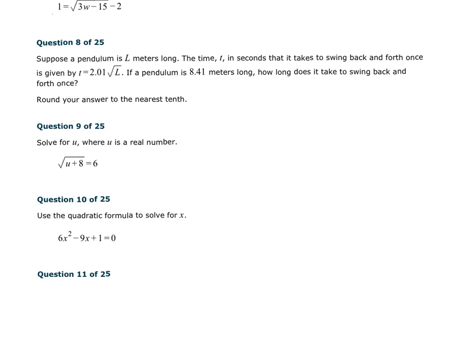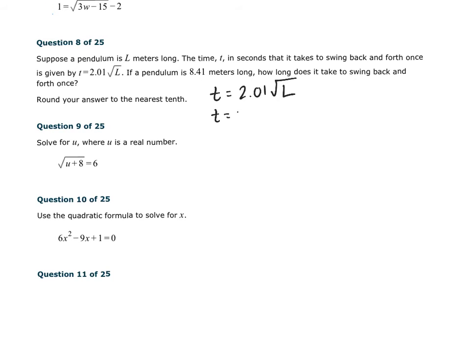Alright, this one looks a little complicated. It says, suppose a pendulum is L meters long. The time t in seconds that it takes to swing back and forth once is given by t equals 2.01 or 2 1/100 times the square root of the length. If a pendulum is 8.41 or 8 41/100 meters long, how long does it take to swing back and forth once?